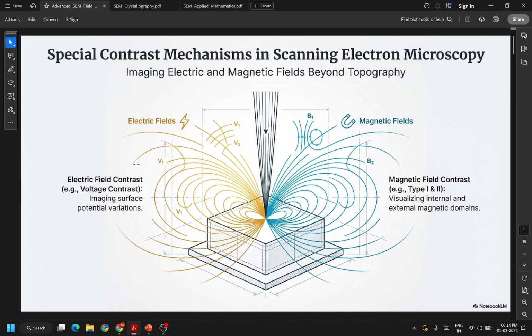SCM can give you electrical and magnetic field contrast, so apart from topography, you can also use that for visualization. Electric field contrast, that is voltage contrast, is used to visualize surface potential variations, and magnetic field contrast is used to visualize internal and external magnetic domains.